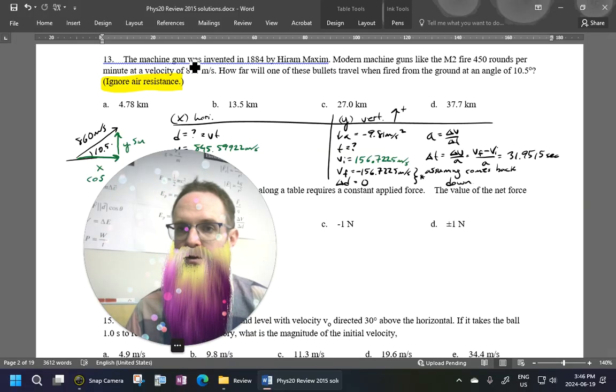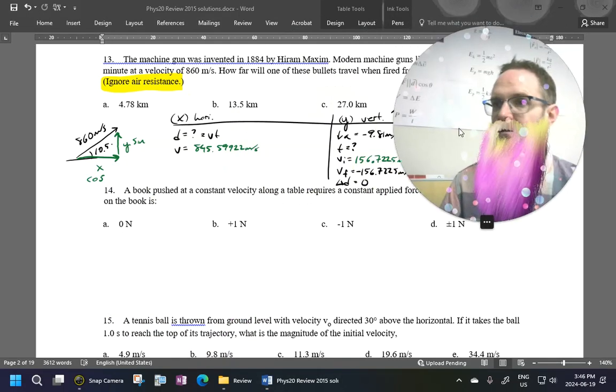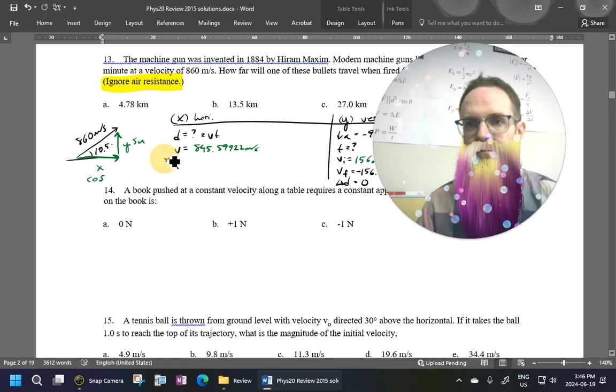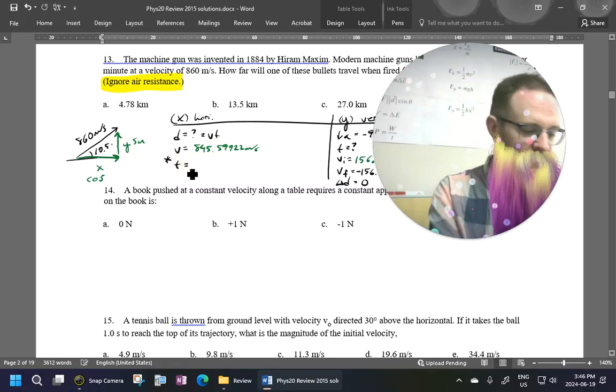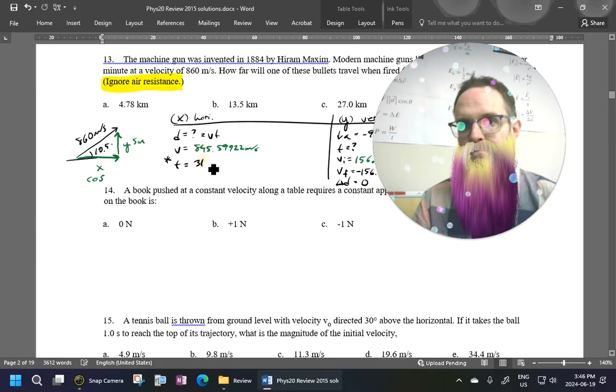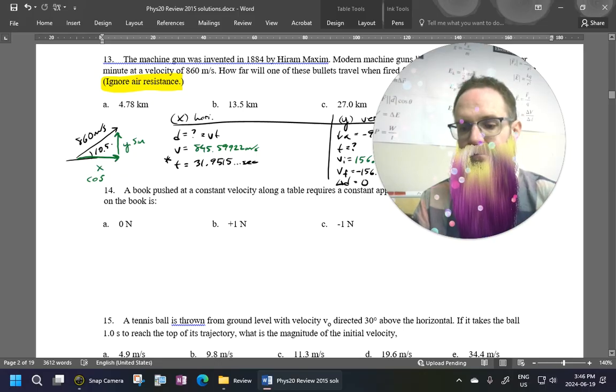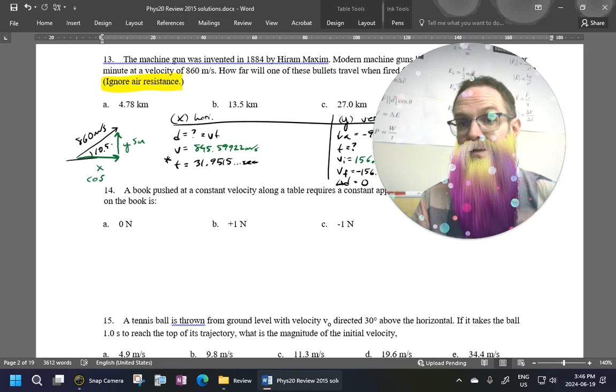Okay, so now we're going to use that time. We're going to go back over here with the 31 seconds, put it in here. So we had to find that time on the other side. Seconds there. And we got this velocity here. V times t.